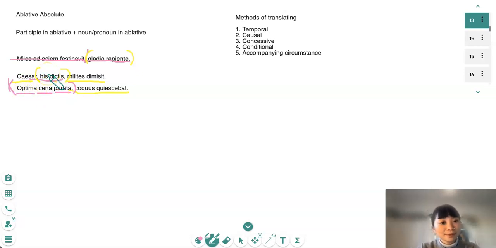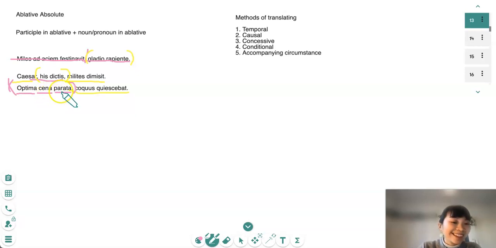So that all in all means the dinner which had been prepared, the dinner having been prepared, and the dinner adjective optima is excellent.